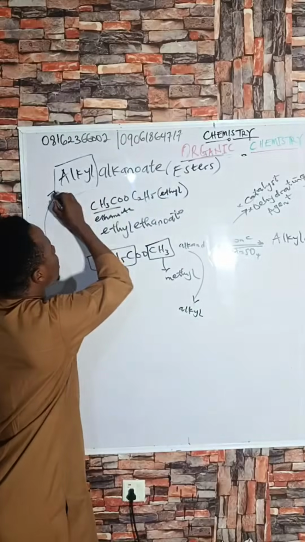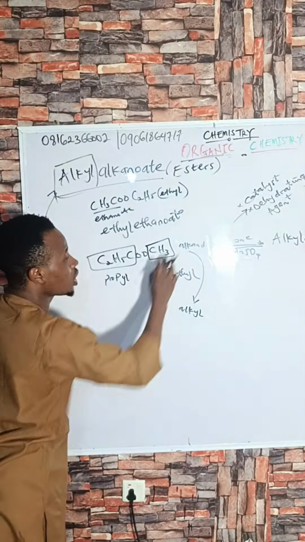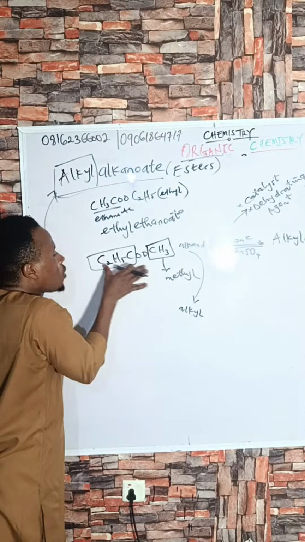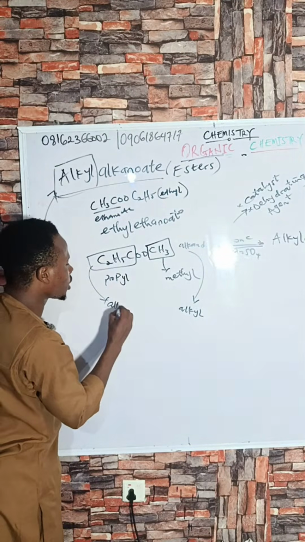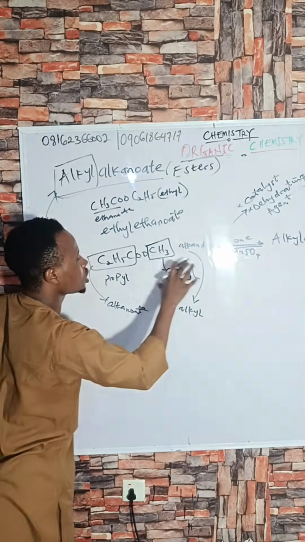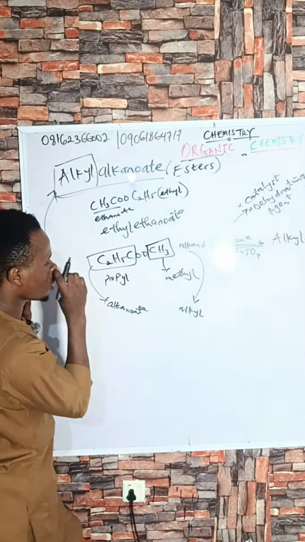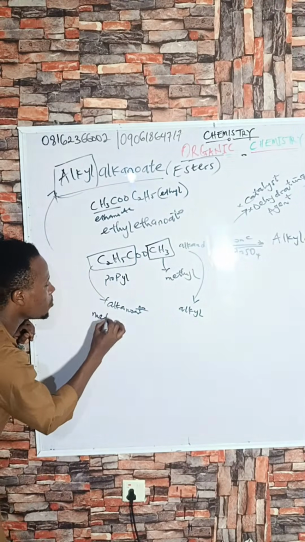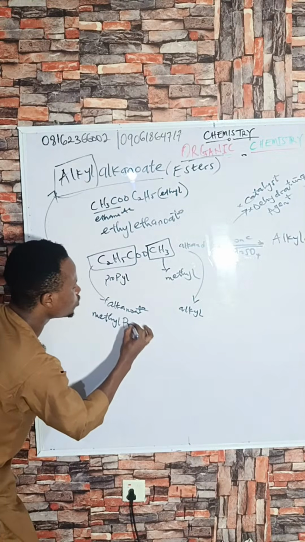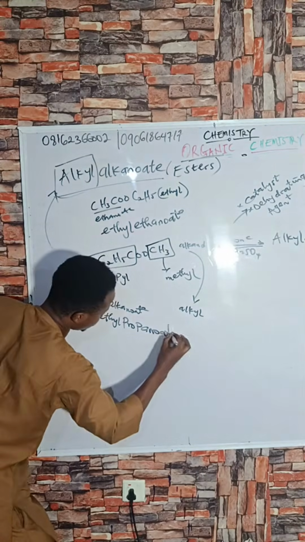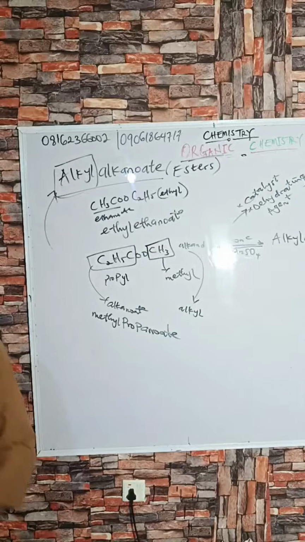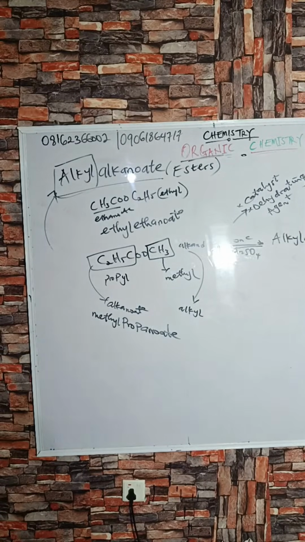The name of an ester is alkyl alkanoate. So the one at the front is your alkyl, the one at the back is your alkanoate. So if the one at the front is methyl and the one at the back is prop, what do we call this? This is going to become methyl propanoate. Methyl propanoate. Is it clear now?